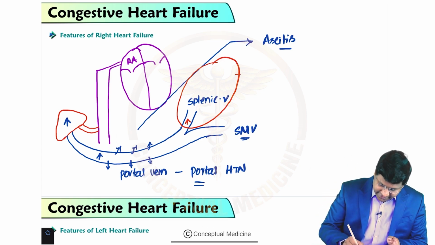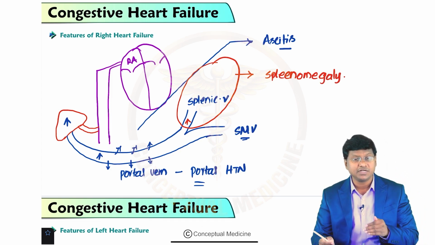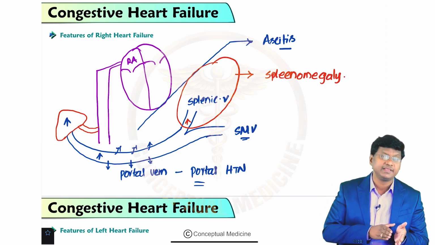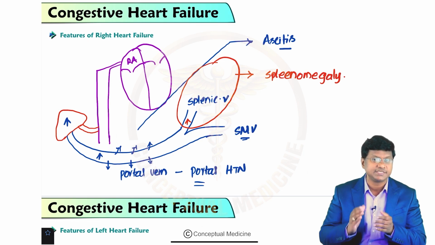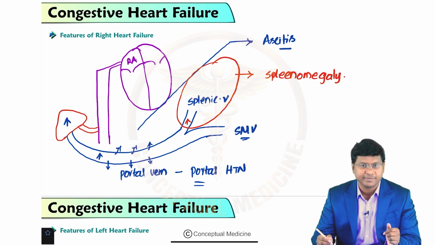The size of the spleen increases. So the individual will develop what is called splenomegaly. Why is that? Because the spleen is unable to drain the blood into the splenic vein, as there is an increase in the pressure within the splenic vein.